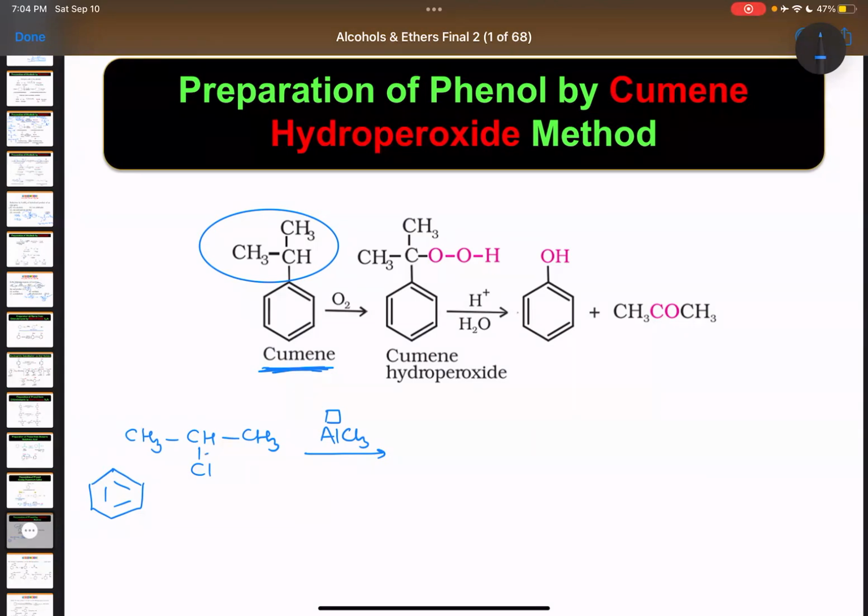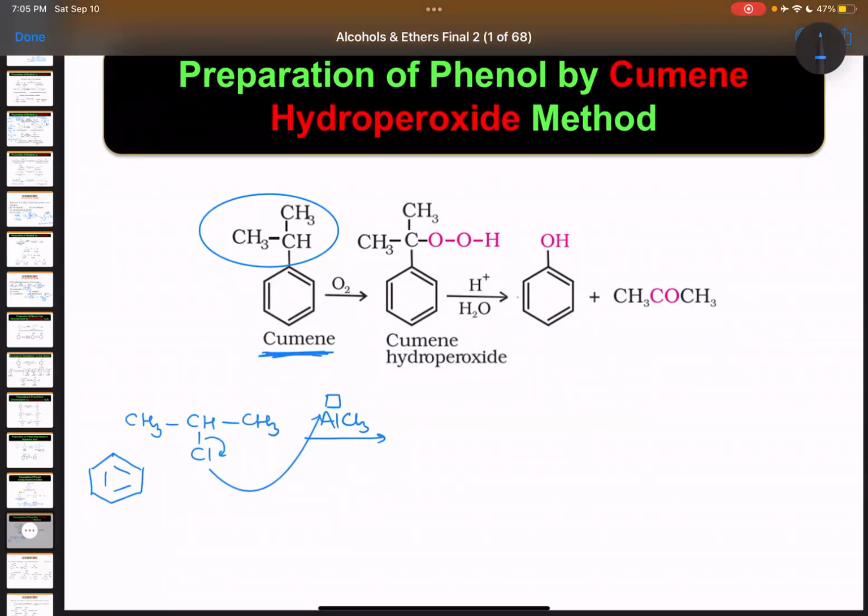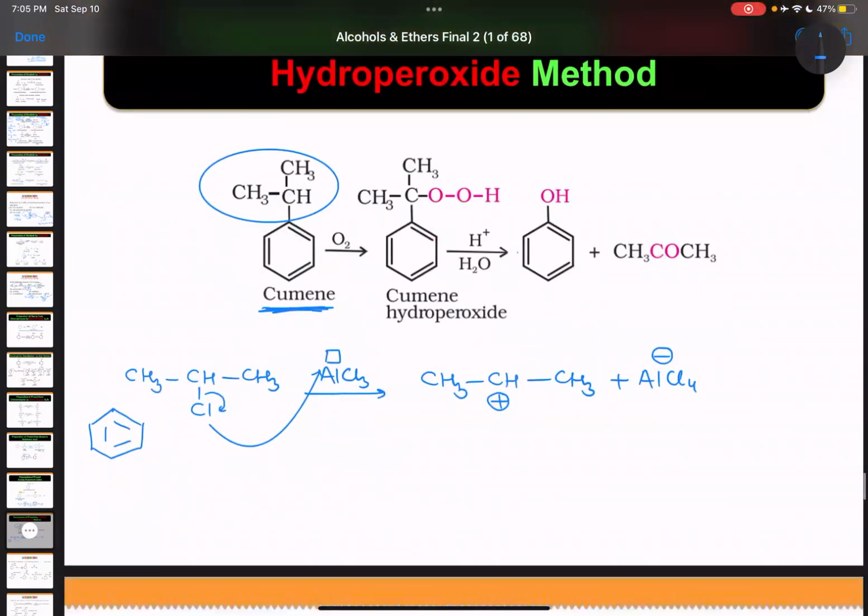So it accepts Cl minus, and it becomes AlCl4 minus, and you are left with a cation. And this cation goes and attacks the benzene ring.